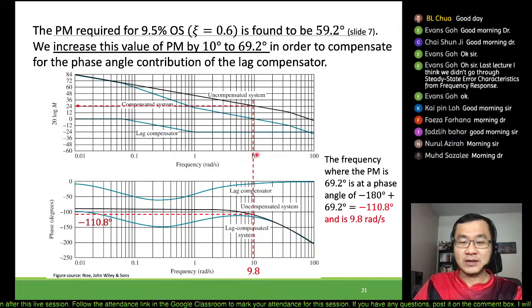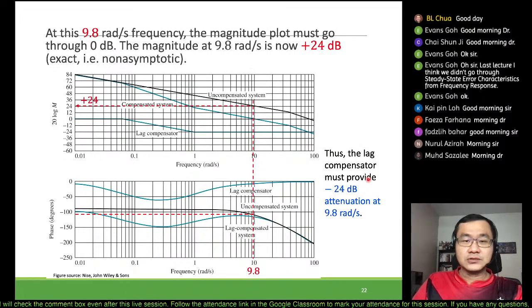When we draw a line up to the uncompensated system, the black line, we would see about 24 dB over here. So you will see that we get 24 dB at 9.8 radian per second frequency.